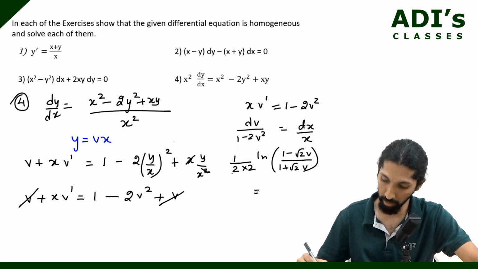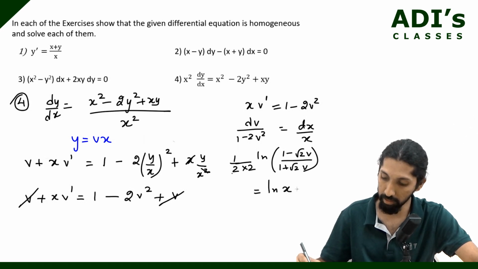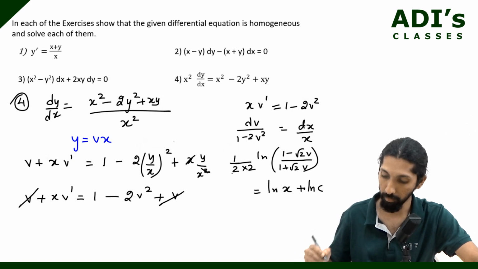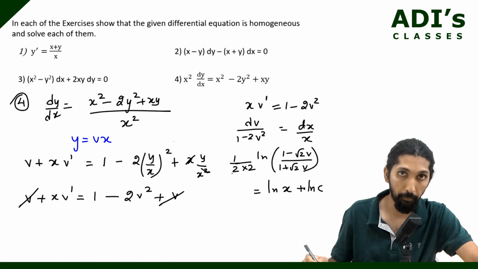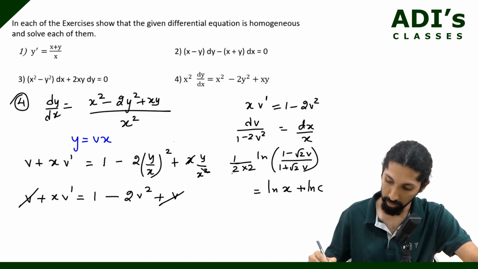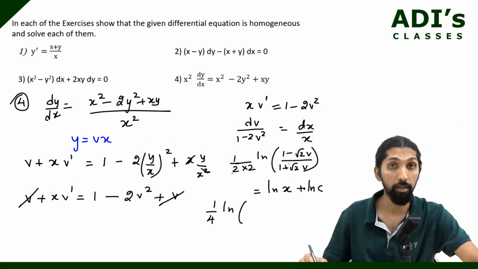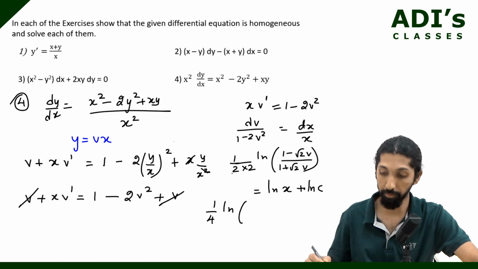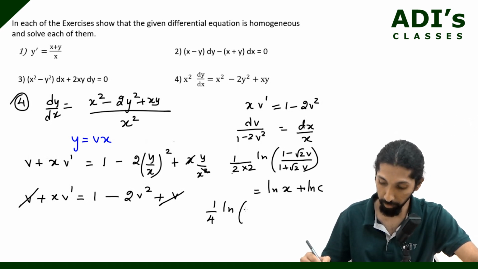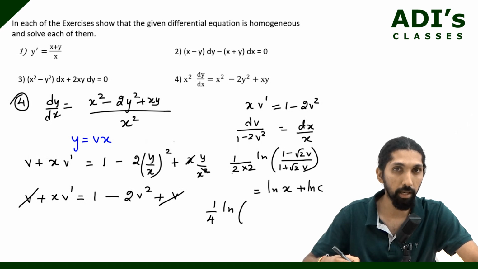This is equal to log of x plus log of c, isn't it? Now in this case, this is going to become 1 by 4 into log of, what is v? V is y by x. Substitute. So if you substitute, guys, you also have to take LCM, correct?